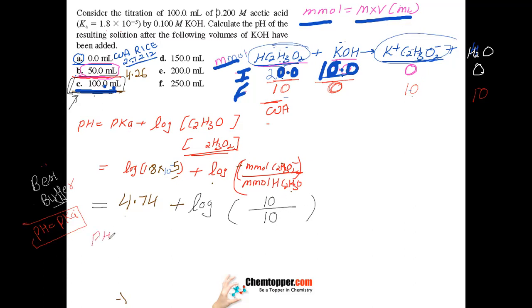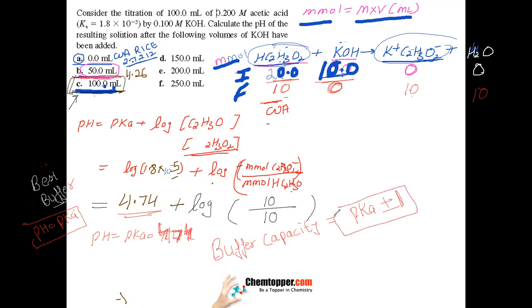So what is the pH here? It's nothing but pKa. And what's the pKa value? This one. So when can I see the best buffer? When the solution can behave like the best buffer? When the pH is equal to pKa. And buffer capacity: every buffer has a limit of controlling the pH, and that is the pKa value plus minus 1.